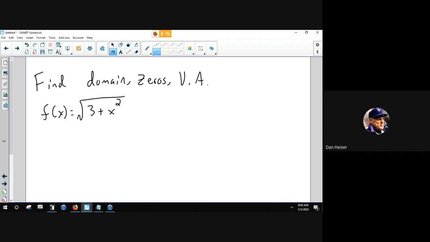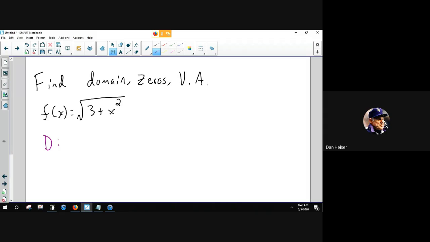Next problem. Now we have a radical function. Find the domain, find the zeros, find the vertical asymptote. So for this one, we're going to remind ourselves that the domain of a square root is 0 or positive.